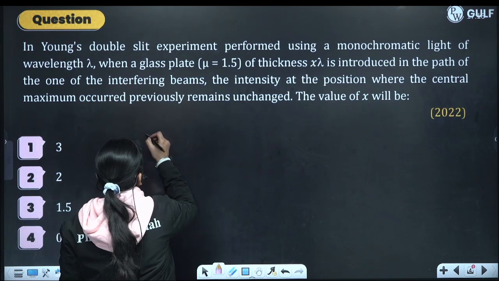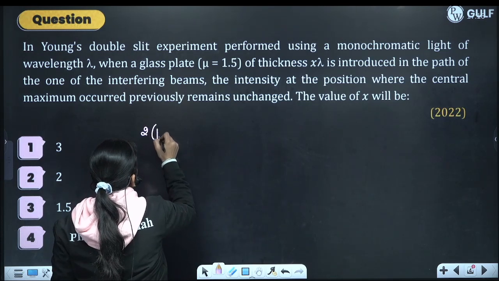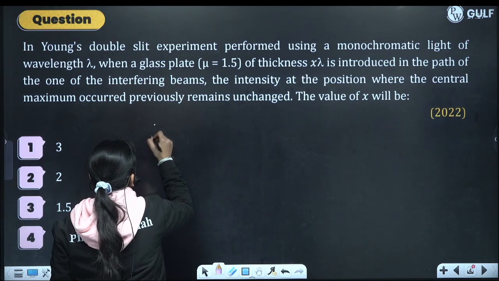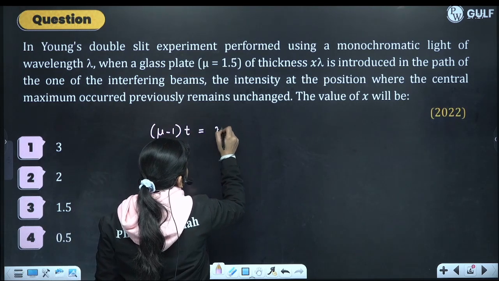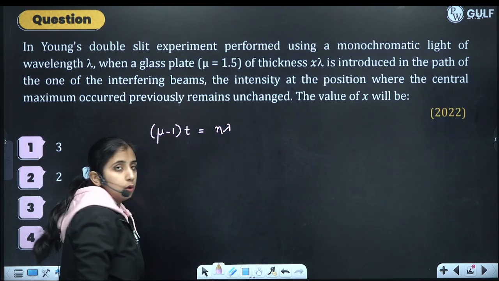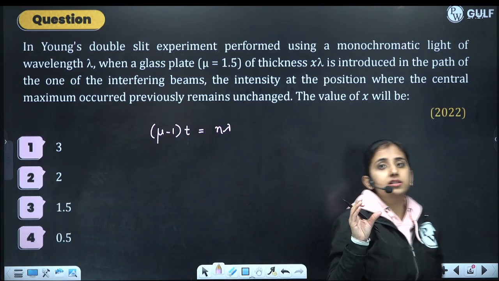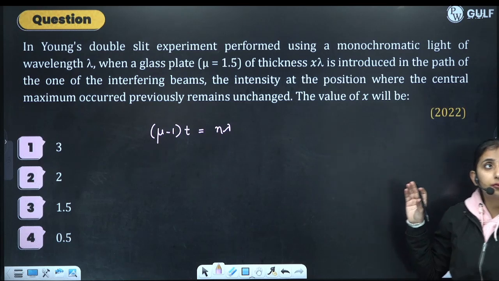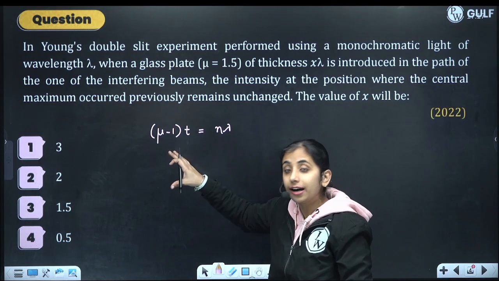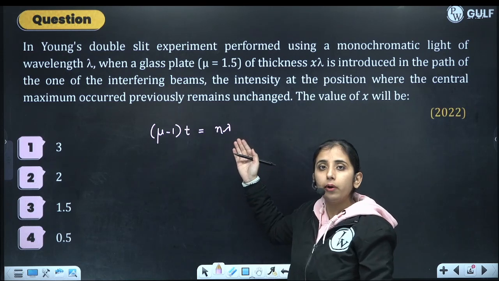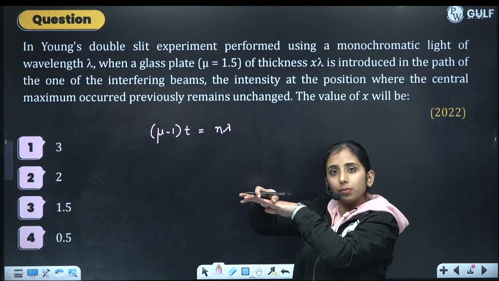So we will have mu minus 1 into t equal to n lambda, okay. If the path difference introduced due to the glass plate should be equal to n lambda, then only a maxima will come over here.